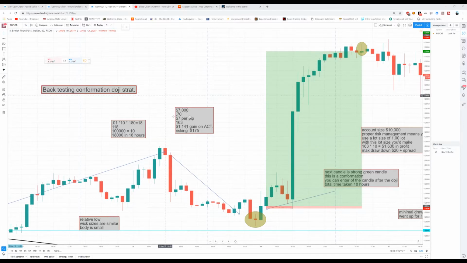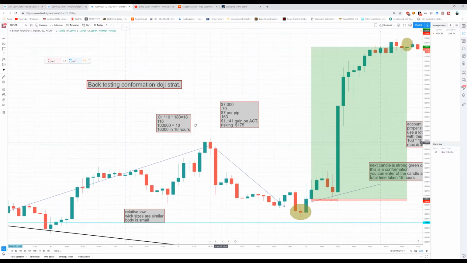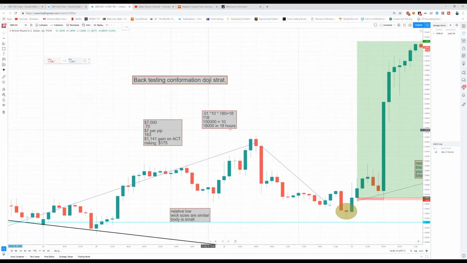For example, let's say for our $7,000 account, we make 16.3. Leverage was when we used the 0.7. The 0.7 was the leverage. So 0.7 is actually $70,000, and we only have a $7,000 account, so that's 10 times leverage.